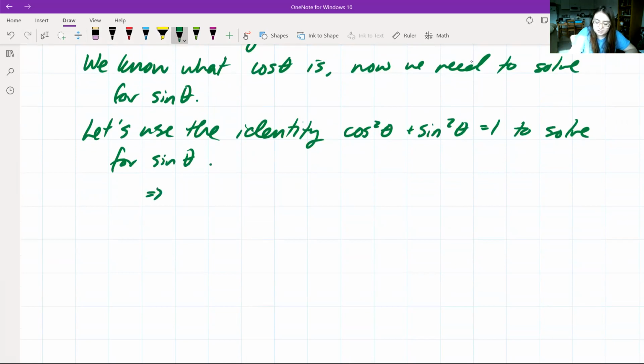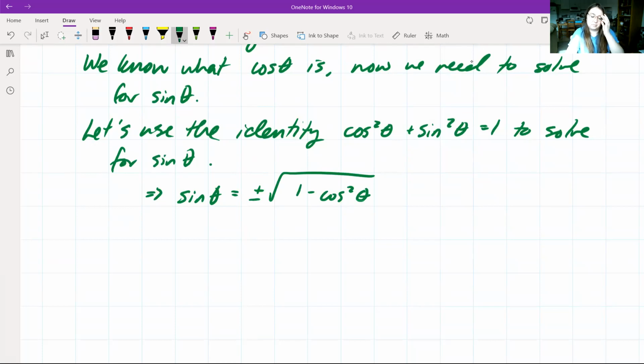This is going to end up giving us that sine of theta is equal to plus or minus the square root of 1 minus cosine squared of theta. And we know what cosine of theta is, so we just need to square that value.